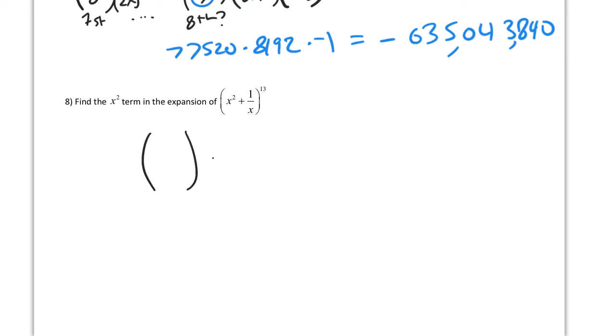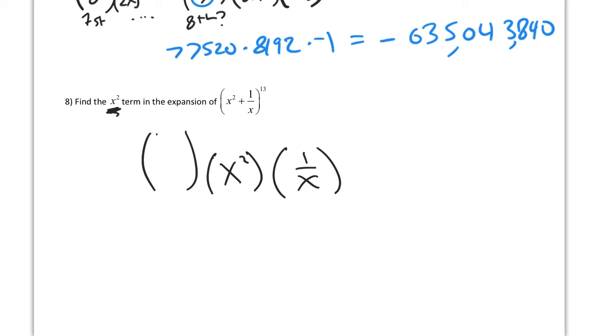I know it's going to have the binomial coefficient, I know it's going to be x squared to some power, and I know it's going to be 1 over x to some power. And those powers have to essentially combine to be a final of x squared.